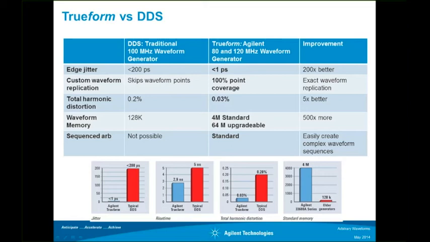So that's sometimes just not enough memory for you, especially if you have longer waveforms. It's a big difference there. And even sequenced arbitrary waveforms are not possible with many DDS-based generators. I think I can say all DDS-based generators, but sequenced Arbs is an exclusive feature in Trueform generators in this class.